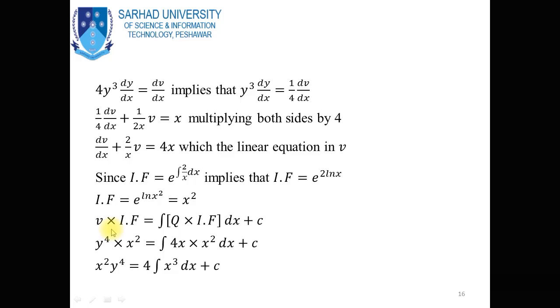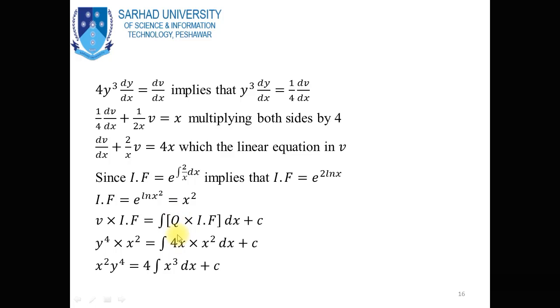Now to find the solution by using the formula, dependent variable multiplied by integrating factor, in this equation v is the dependent variable, and the dependent variable multiplied by the integrating factor is equal to integration of the product of q function and integrating factor with respect to x plus c.